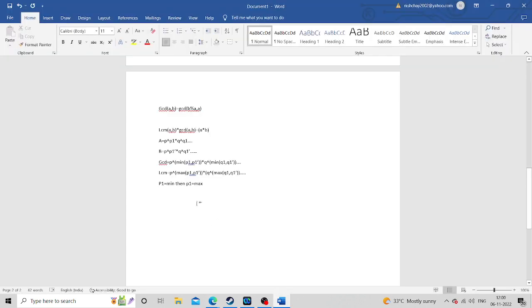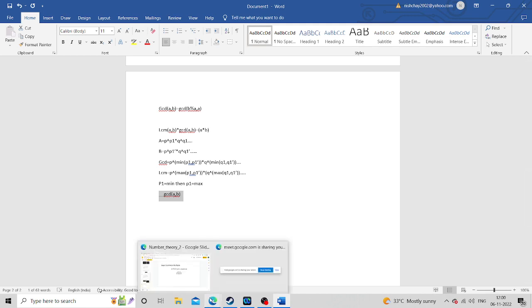And if you are using C++, then there is an inbuilt function to calculate GCD: underscore underscore gcd, and then you write the two numbers A and B. It will return the GCD directly. No need to write the Euclidean algorithm, but only for C++. I don't know about other languages. And if you don't want this inbuilt function, then you can go with the Euclidean algorithm also. That is also fine.